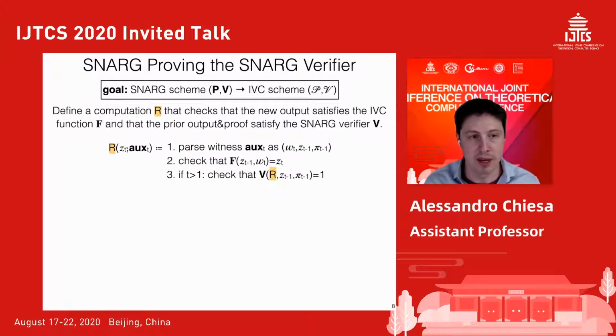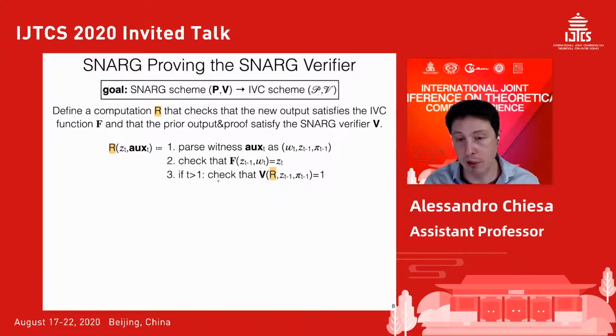So here it is. I define the recursive computation R. It takes as input a new claimed output, z_T, as well as some auxiliary witness. The auxiliary witness contains the prior input and the prior proof, as well as the local witness. And it does the things that we just said it should do. One, it should check the state transition.